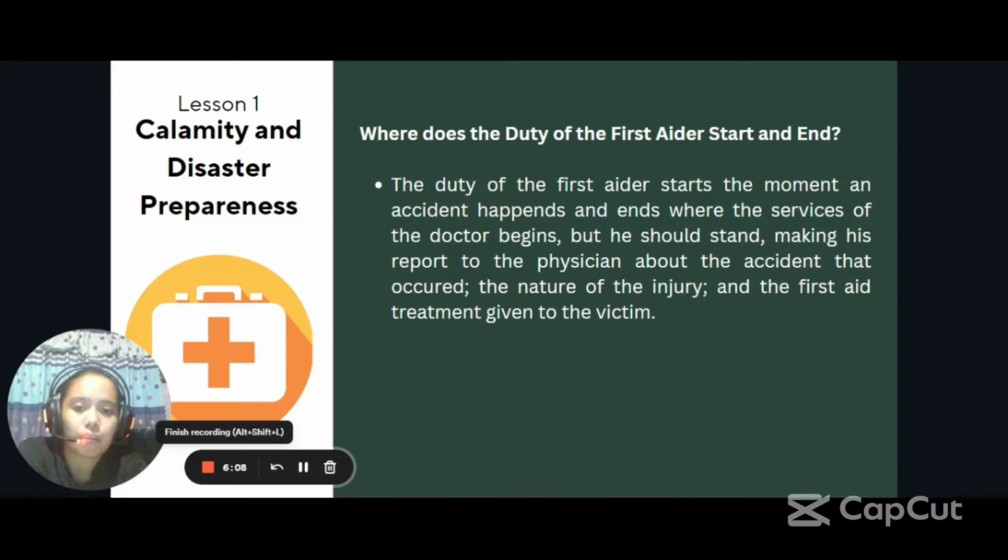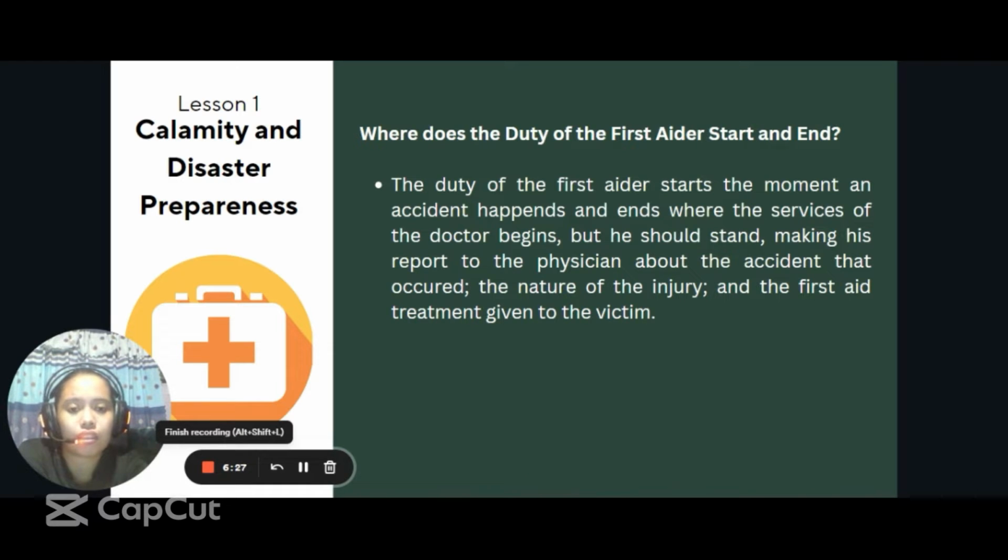Pero dili ra diha ang end kay pag human si first aider kay kailangan pa siya mo-report sa physician kung unsa ba iyahang gigamit nga first aid treatment sa victim.